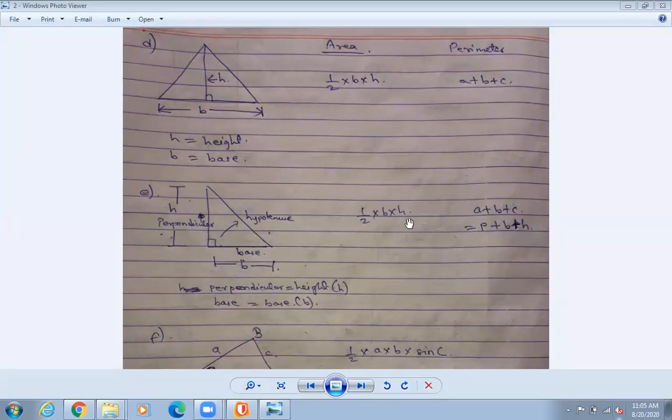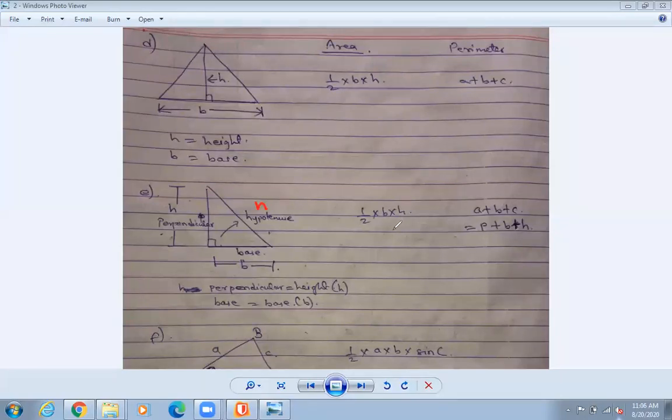Here we will do some mistake. Let me write something. We wrote perpendicular equals height. Half into base into height, and seeing h here, h means hypotenuse, some people may write the value of hypotenuse.